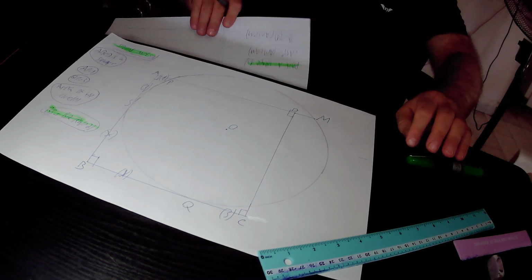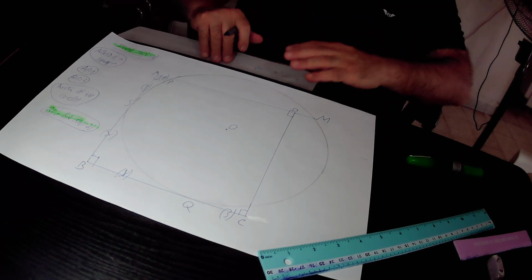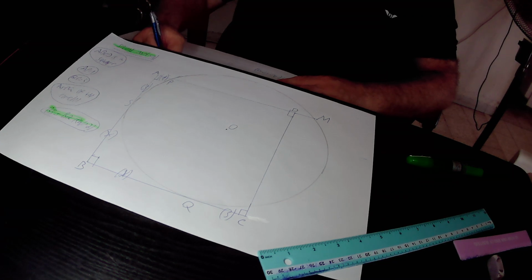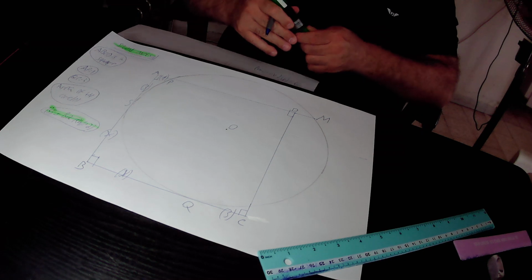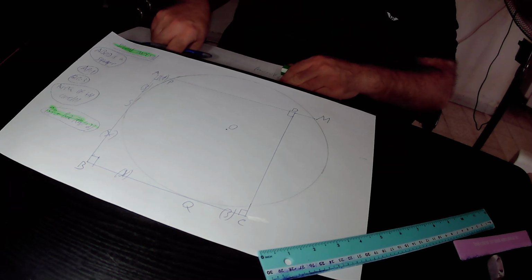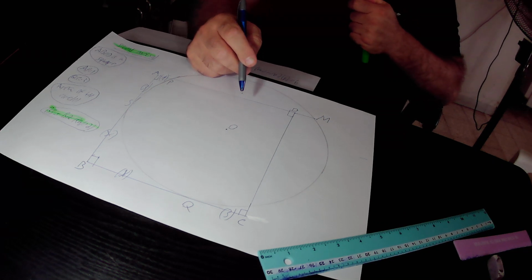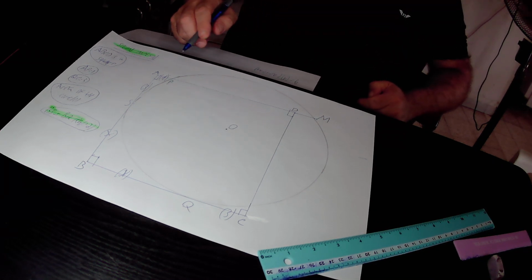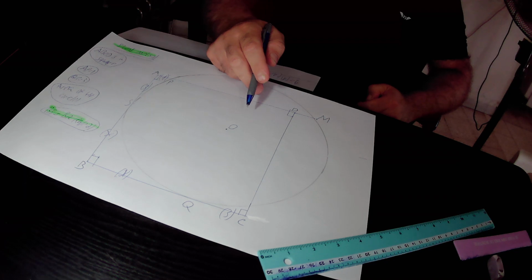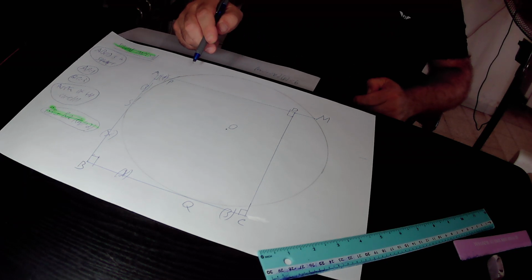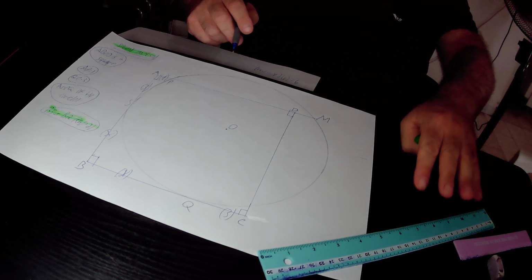In the next step, we will do a construction. That is to say, from this point O, the center of the circle, we will go perpendicular on chord PM.